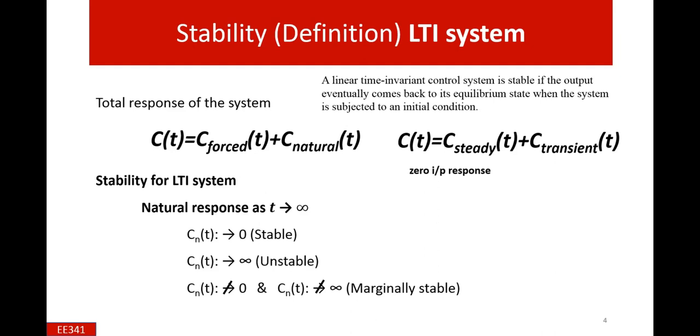If these responses are growing, then we can say the system is unstable. In between the stable and unstable, if the response is not varying or is oscillating, then we can say the system is marginally stable.